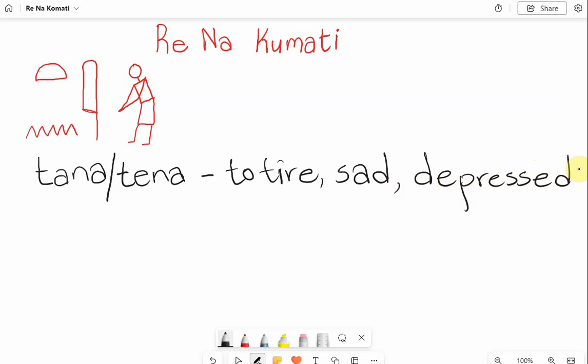So, in connection with the king, meaning that the king went to battle and he was perhaps tired from fighting, or he was sad due to maybe the carnage that took place, and perhaps he was depressed from some other reason. Okay, any one of these meanings using this word can be applicable. All right.